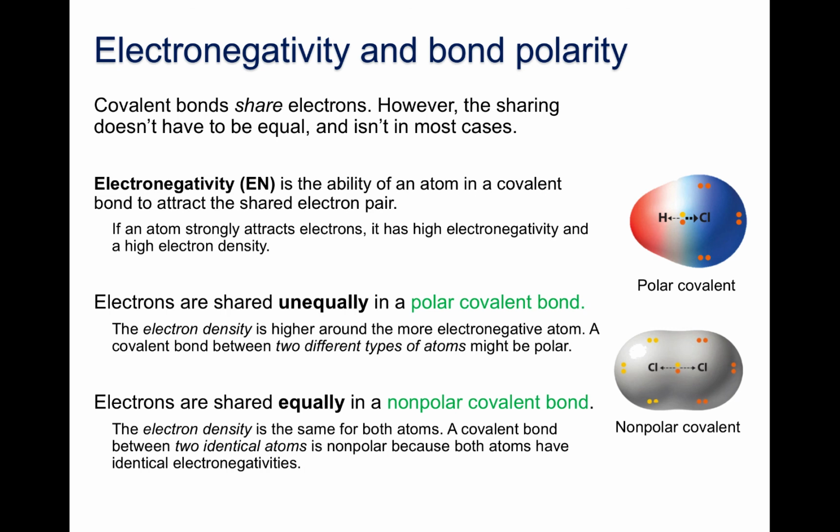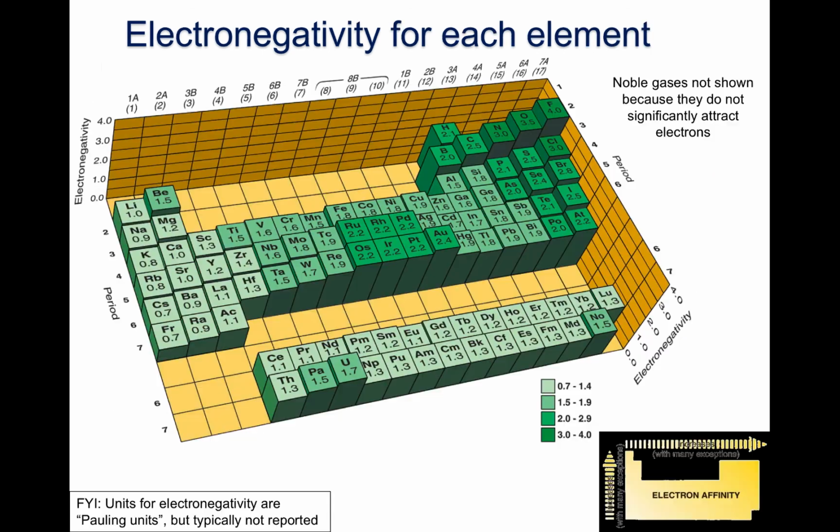If you have two atoms that are identical to one another, so a bond between two chlorine atoms, both chlorine atoms are going to have identical electronegativity, and so they're going to share those electrons equally. We would call this a nonpolar covalent bond because the electrons are shared equally. And so anytime you have two identical atoms, you would always say that that is a nonpolar bond because they have identical electronegativities. And there's no exceptions to that. That is true in all cases.